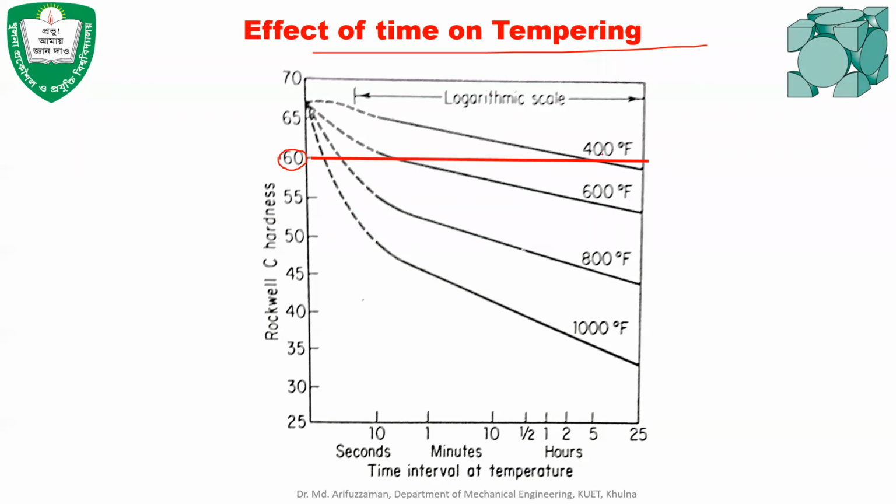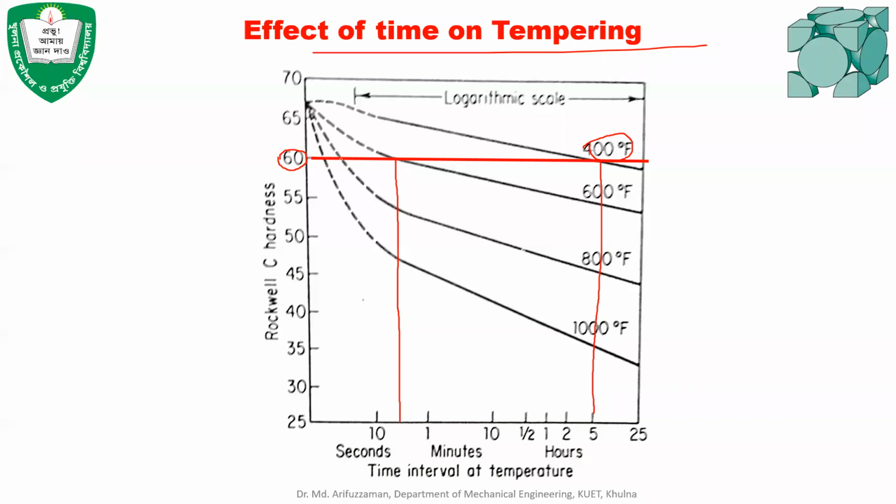For example, you heat it up at 400 degrees Fahrenheit and keep it there for 5 hours. Then you will obtain a hardness of 60. And again, you can obtain the hardness of 60 if you heat the steel up at 600 degrees Fahrenheit within a very small time, let's say within 30 minutes. Within 30 minutes, you can obtain the same hardness.